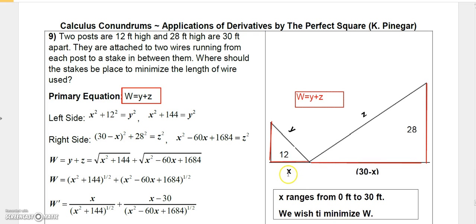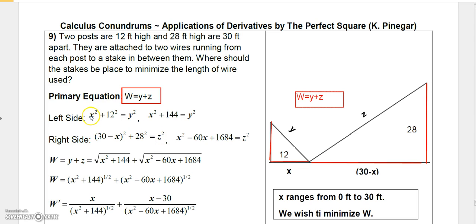Since this is x and this side is 12, using the Pythagorean theorem, x squared plus 12 squared must equal y squared. Over here on the right side, (30 minus x) squared plus 28 squared has to equal z squared. That's my right side equation.